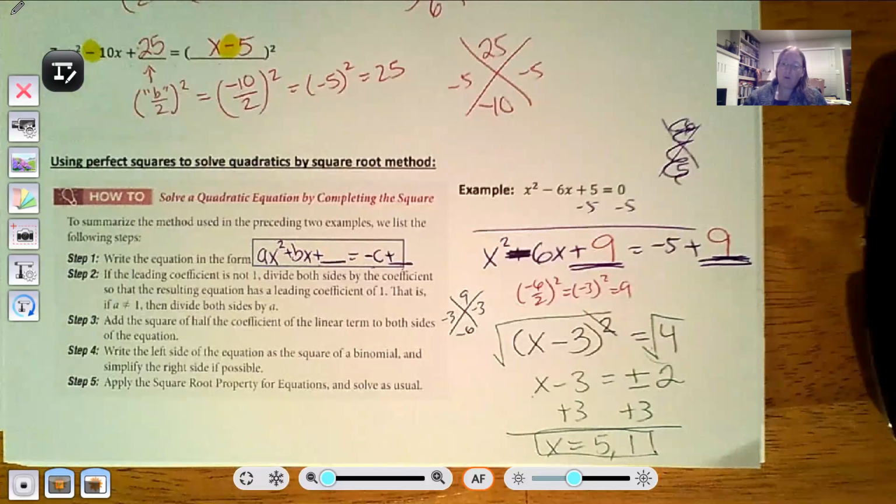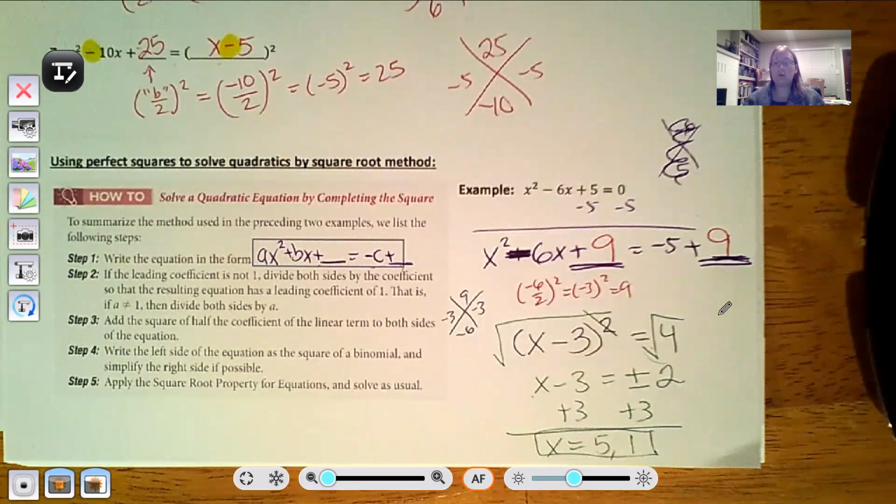You can solve quadratics by potentially factoring. This one would be factorable. You could solve it by the quadratic formula, which we'll talk more about coming up. Or you can use the square root method, but you'd have to complete the square first since this wasn't a perfect square. So there are lots of techniques, and part of the whole point of these couple sections is to show you all the techniques, because sometimes one is more efficient than another.